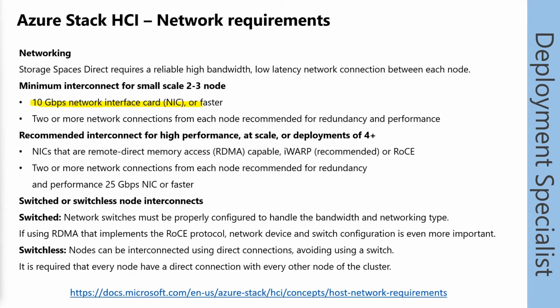You should have minimum 2 of them. The recommendation is to have faster connectivity, so 25 gigabits or more. Actually, we can get network adapters with up to 400 gigabytes port speed. And it's absolutely recommended to use RDMA. You can use iWARP or you can use RoCE.